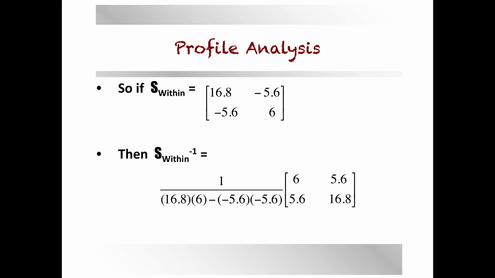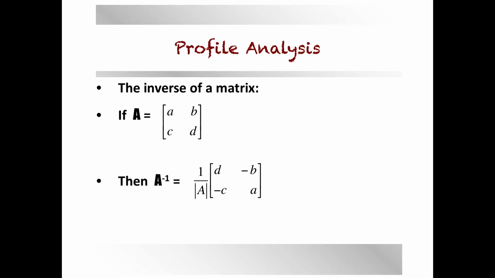So for our particular example here, we take our sum of squares within, and this is what the inverse looks like. You're going to switch your 6 and your 16.8. You switch your 5.6 and 5.6, but they're the same as each other. Actually, no, you don't switch them. You keep them where they are. You just take the negative instead of the positive, right? Because you're keeping C and B where they are and just taking the negatives of each.